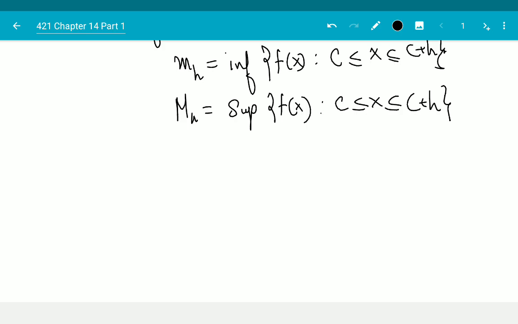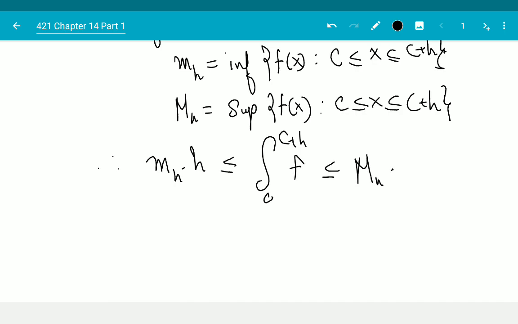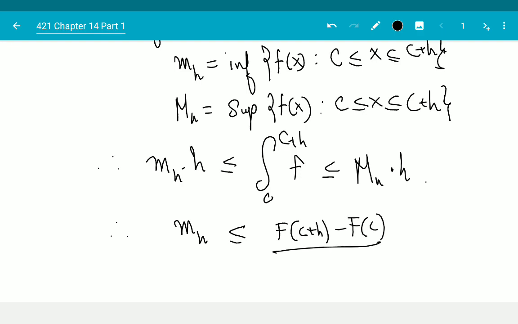Great. Therefore, I know from chapter 13 that m_h times h is smaller than or equal to the integral from c to c plus h of f, which is smaller than or equal to M_h times h. Okay, and therefore, m_h is smaller than or equal to F of c plus h minus F of c all the way over h, which is smaller than or equal to capital M_h, right?